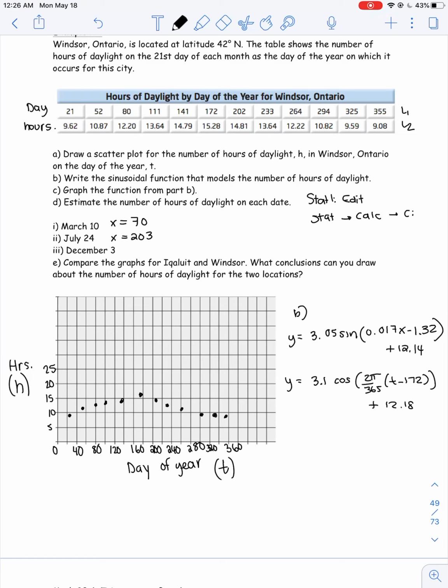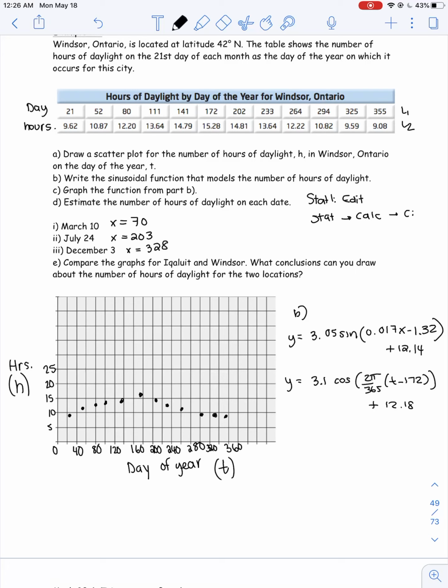July 24th would be day 203. So you're kind of figuring out how many days there are in each month and getting to July 24th. And then December 3rd would be day 328, from what I'm thinking. Okay, so once you have those, those are your x values.